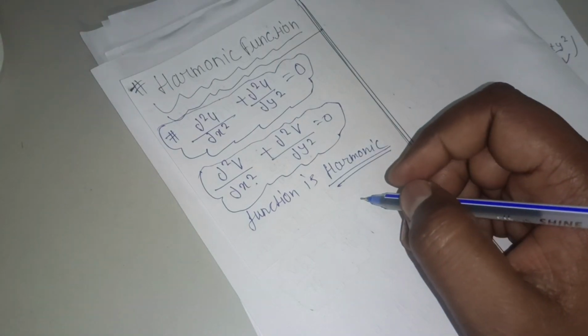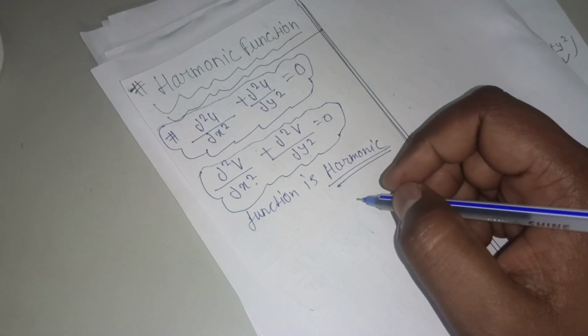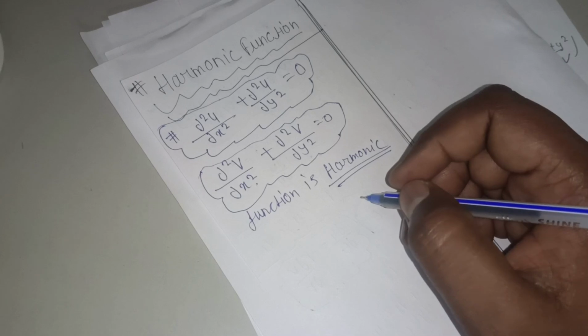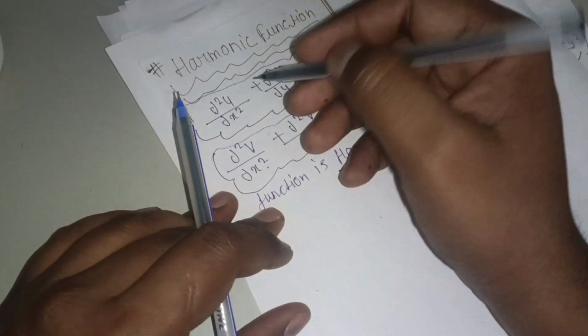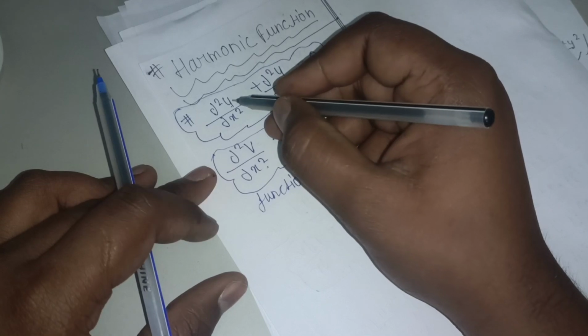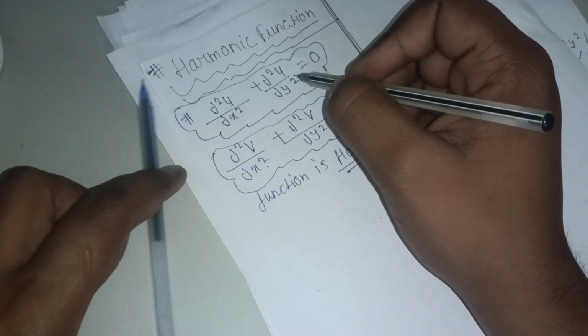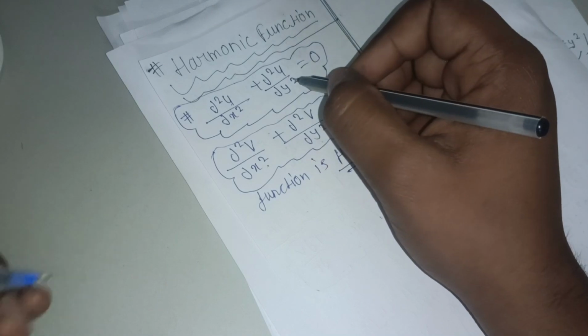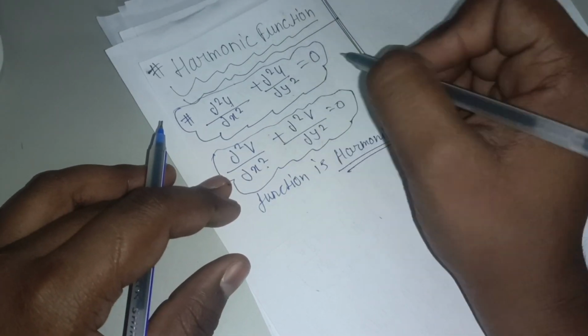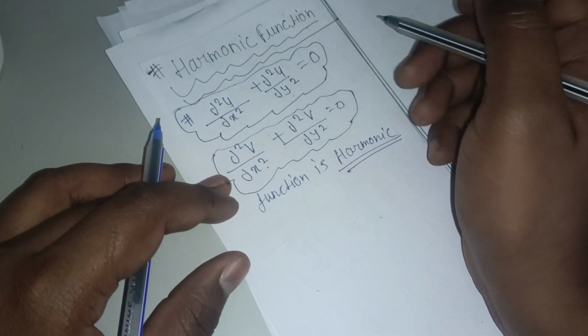Now, let's take one example on it. Simply we know that given u and v, we have to differentiate with respect to x, double differentiation, and y. If the combination of both is equal to 0, then we will say that it is harmonic. It's very simple.